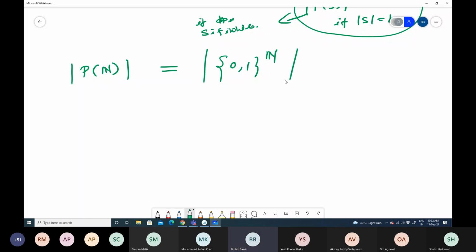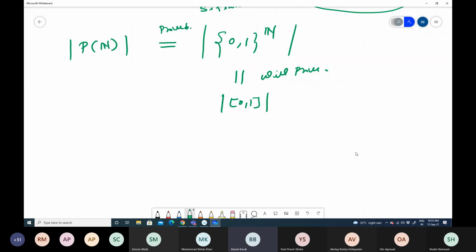Okay. Now we will prove it this way. So this is the same as the cardinality of R. Okay, first prove that the cardinality of the interval [0,1] is the same. Okay, it is proved. Now how to prove this one?